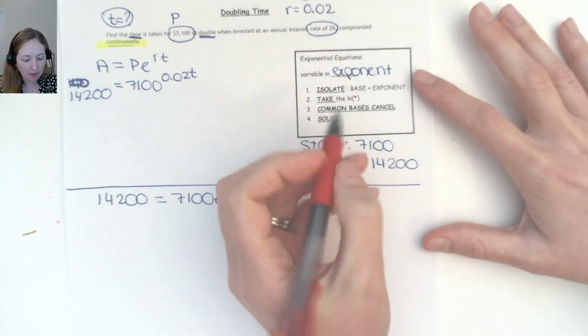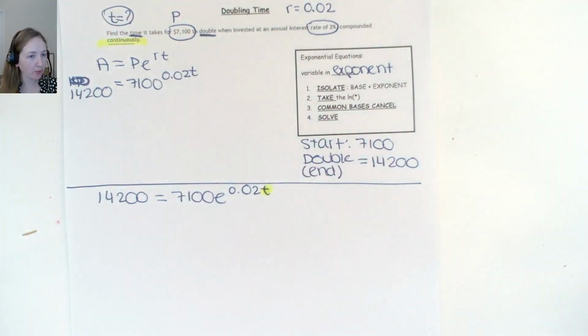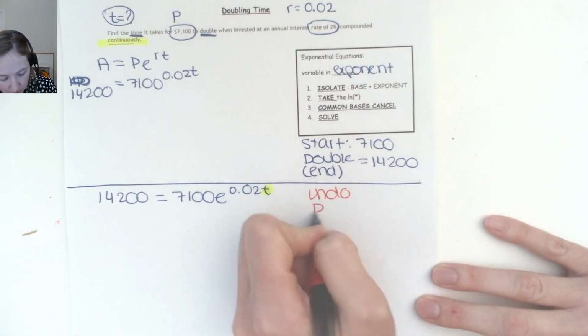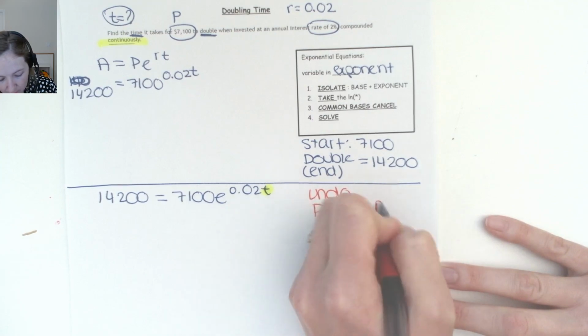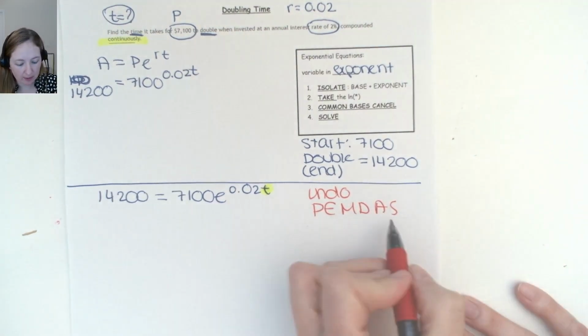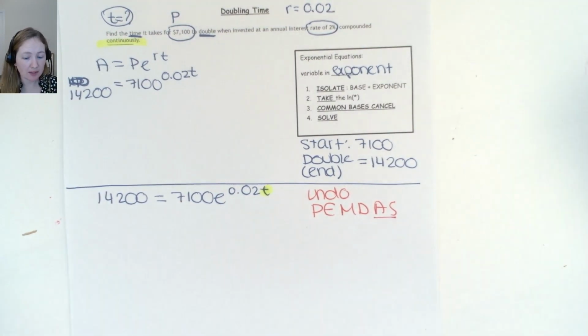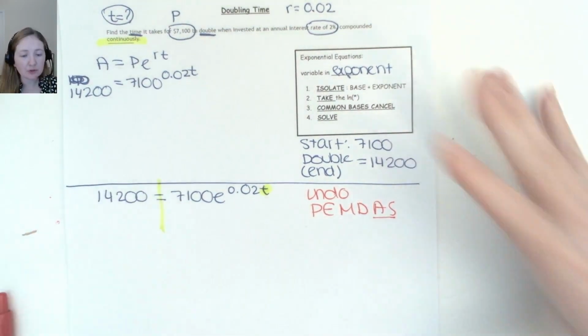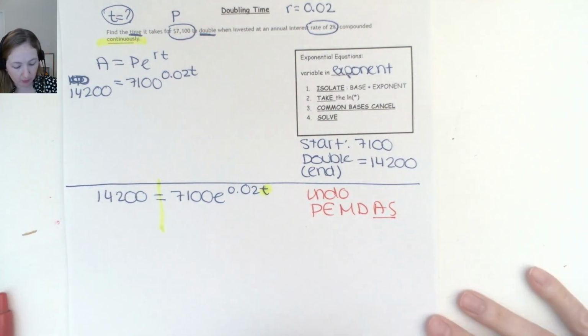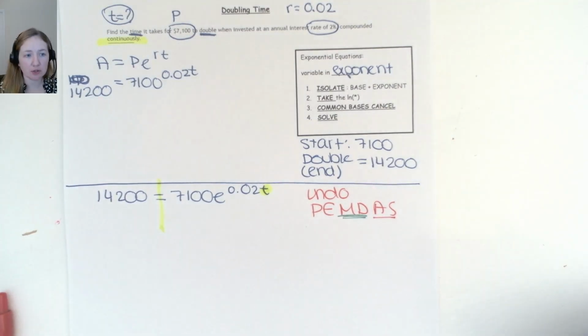Now, you can memorize all of this, but I always think about, when I have an equation, I am trying to undo PEMDAS. Before I worry about that exponent, the first thing I'm going to do is ask, do I have addition and subtraction that I need to undo? You'll notice on both sides of the equation, there's no addition and subtraction to undo. Then I ask, is there multiplication or division to undo? I do notice that there is multiplication there.